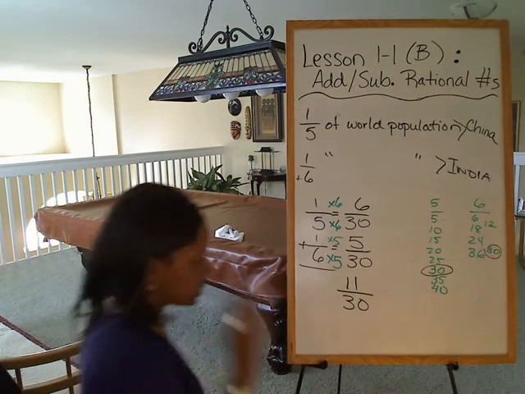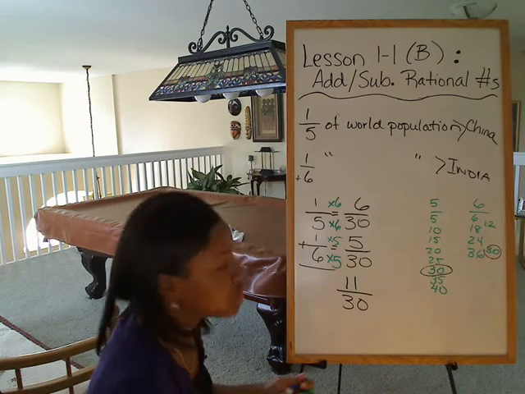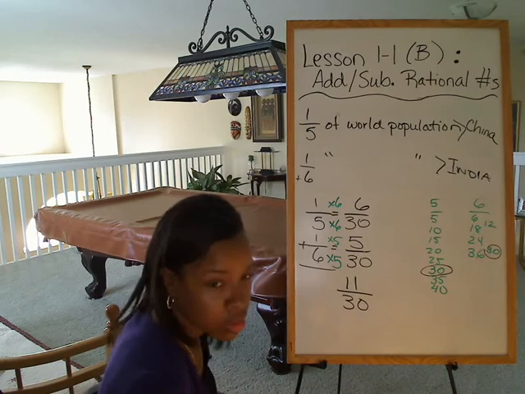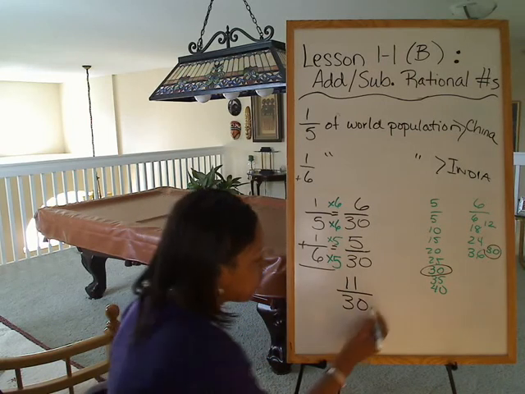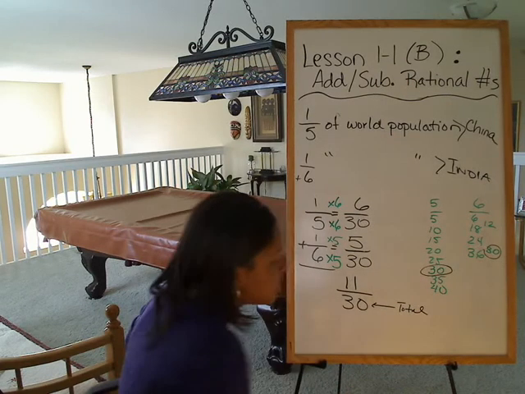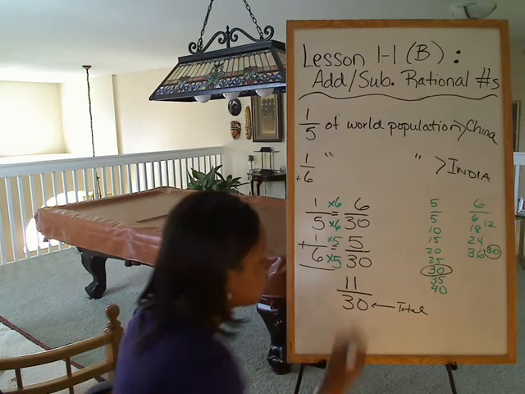So let's think about this now. 11 over 30 is both China and India. That's the fraction of people out of the whole world that live in China and India. So 30 represents your total in this fraction. 11 represents China and India.